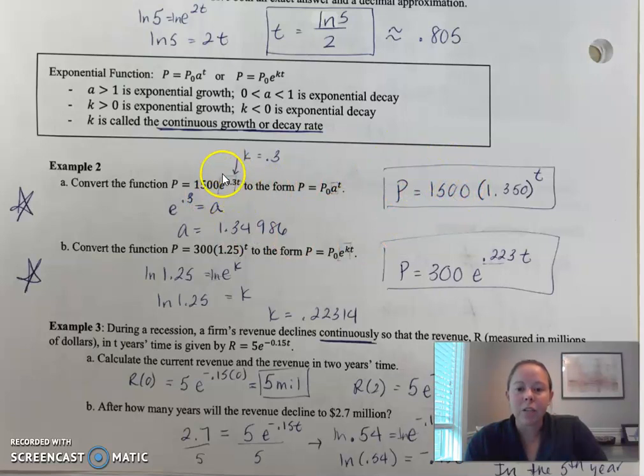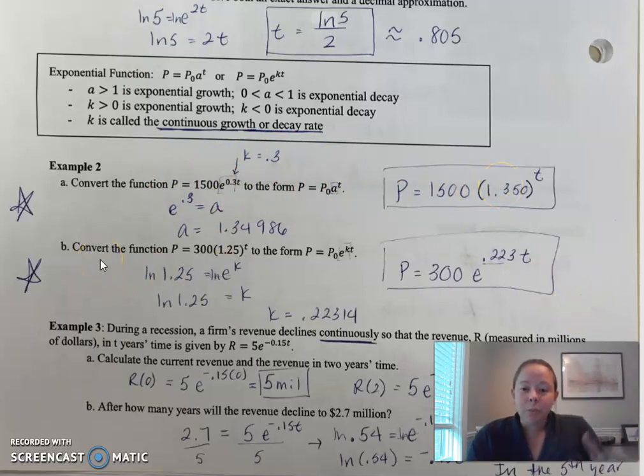And they both have t in the exponent spot, so that stays the same as well. It's this last part. So really, we're just taking the e to the 0.3 and setting that equal to a. Then if you put that in your calculator, there's your a value, and you're done. Converting from continuous growth rate to your annual is pretty straightforward.